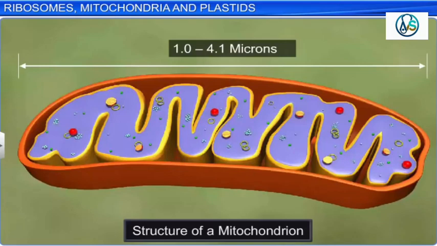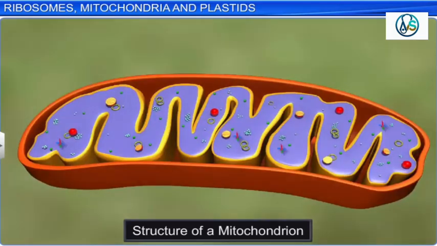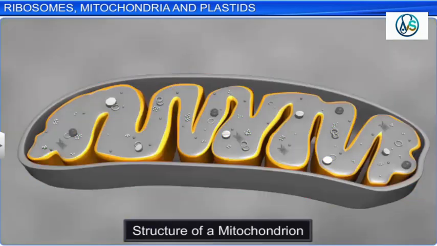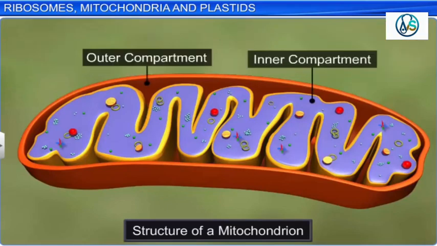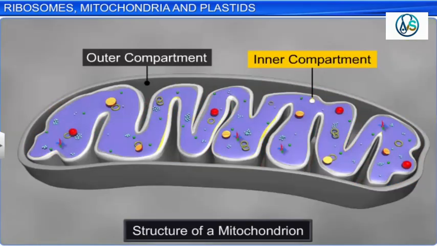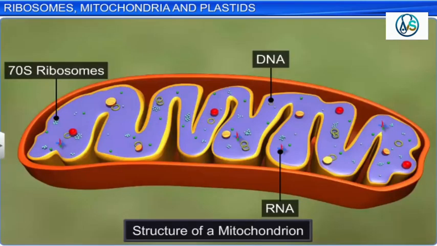It is a double membrane-bound structure consisting of an outer membrane and an inner membrane, and each membrane has its own specific enzymes associated with the mitochondrial function. The membranes divide the mitochondrial lumen into two aqueous compartments, the outer compartment and the inner compartment called the matrix, that contains a single circular DNA molecule, a few RNA molecules, 70S ribosomes, and the components required for the synthesis of proteins.